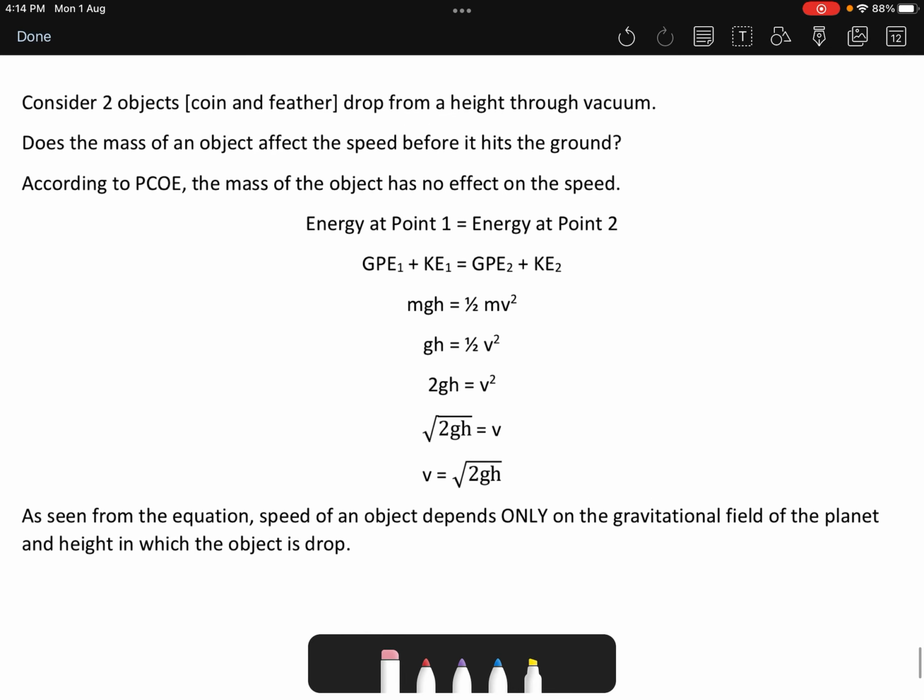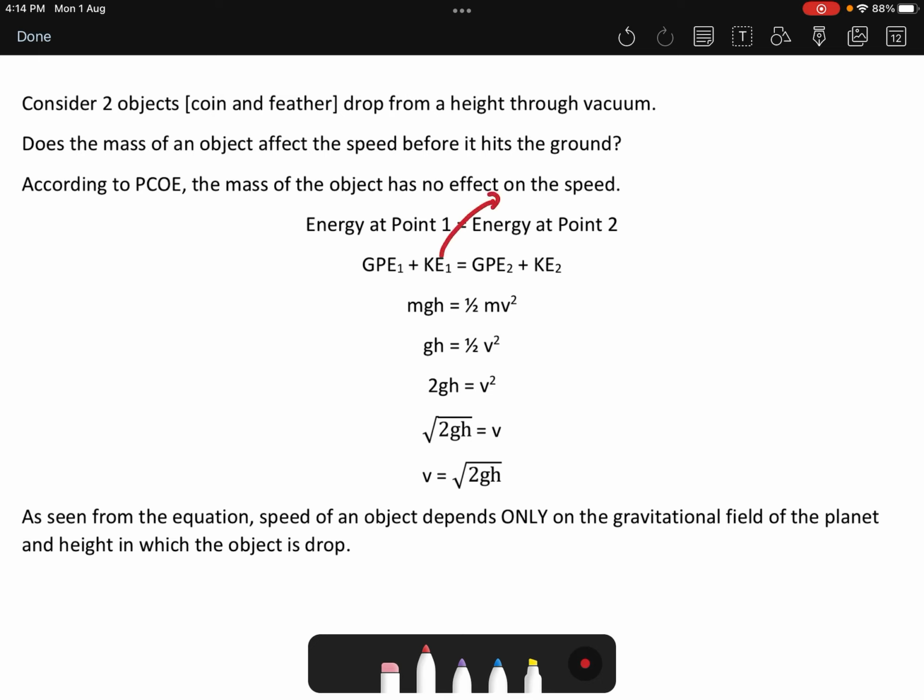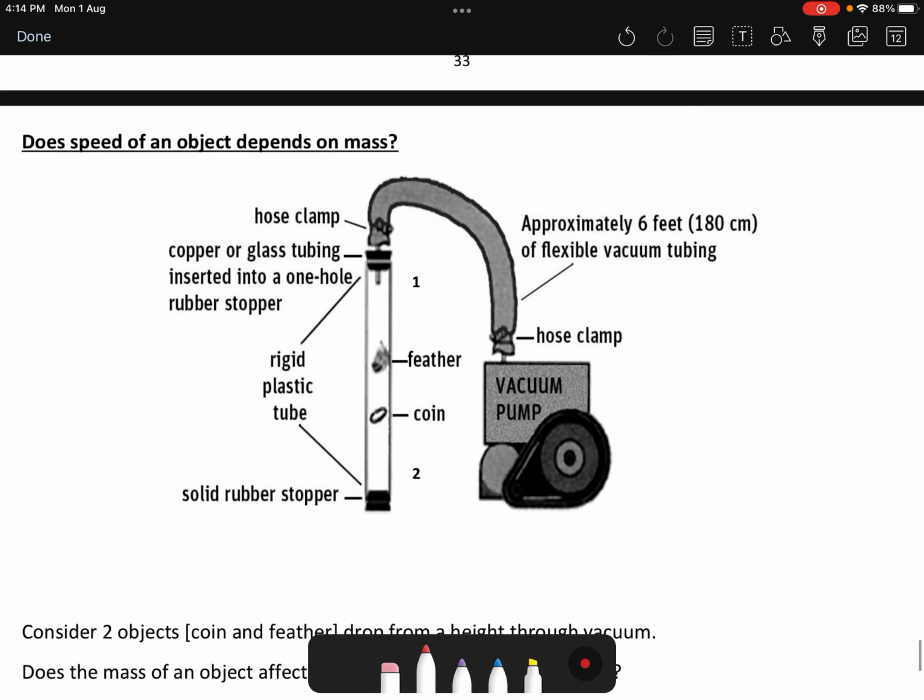So I use the principle of conservation of energy to determine this. At the very start you have only GPE, so the KE1 is 0. Then you go to point 2, which is at the very bottom of the tube. Just before you hit the bottom, all the GPE is converted to KE.